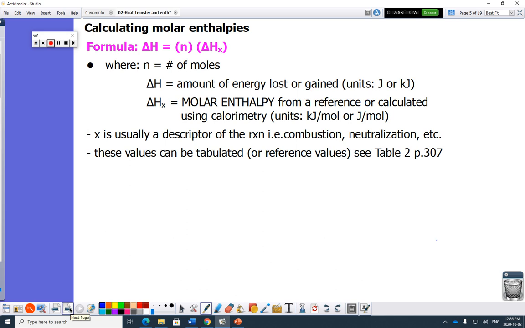Okay, so the first kind of calculation you can do with molar enthalpies is this one here.